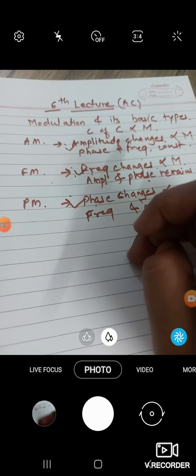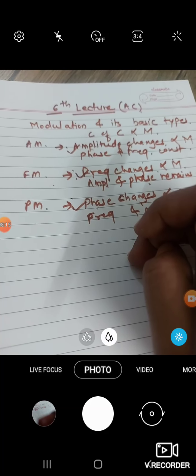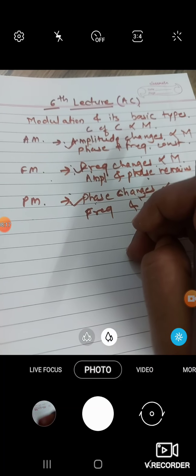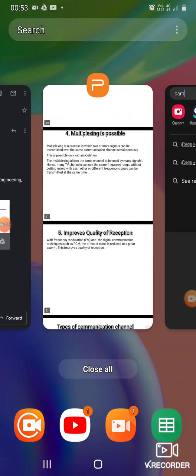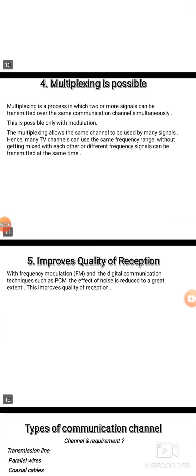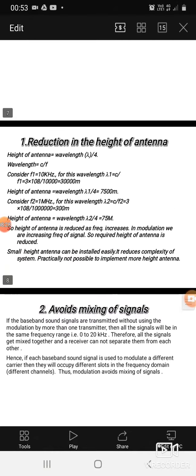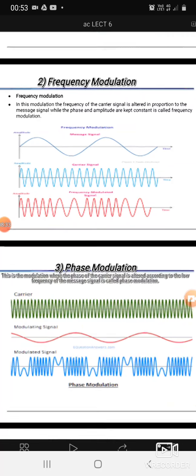Now we will see how to draw the waveforms for these particular types of modulation. But before going to the drawing of the waveforms directly, we will first see some other theoretical things given about AM, FM and PM.